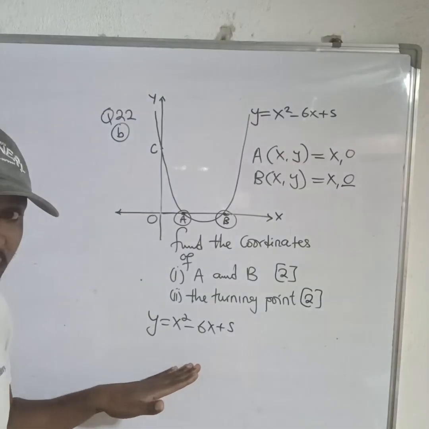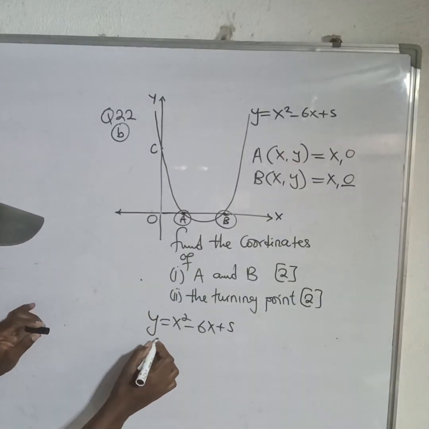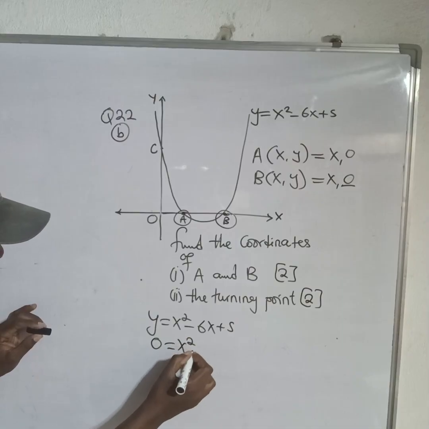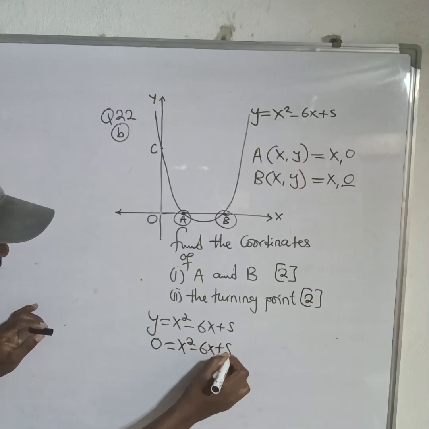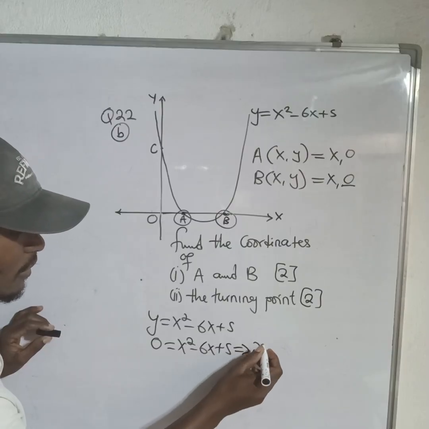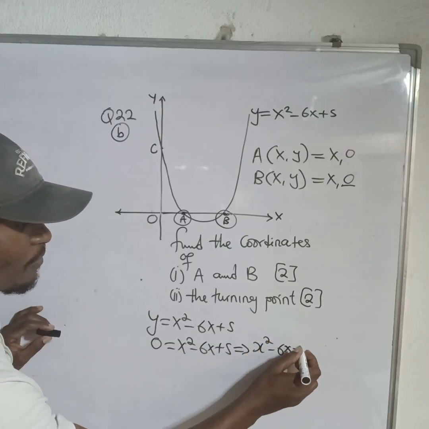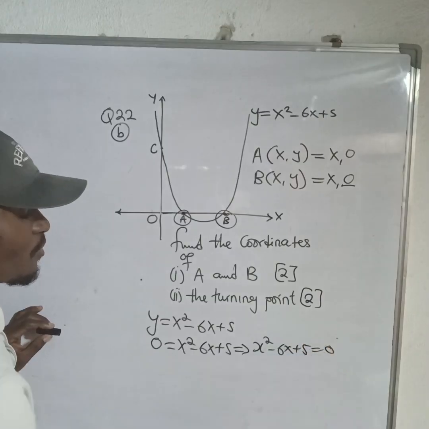So in this equation, I'm going to put 0 where there is y. So I'm going to have 0 equals x squared minus 6x plus 5, which is the same as saying x squared minus 6x plus 5 equals 0.